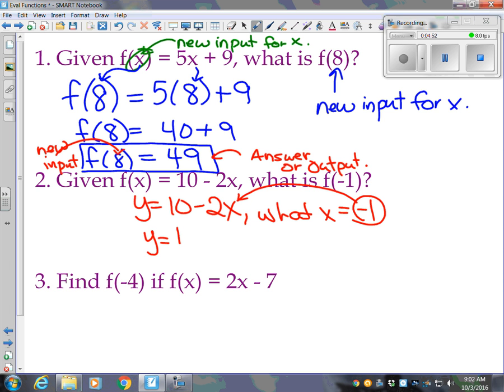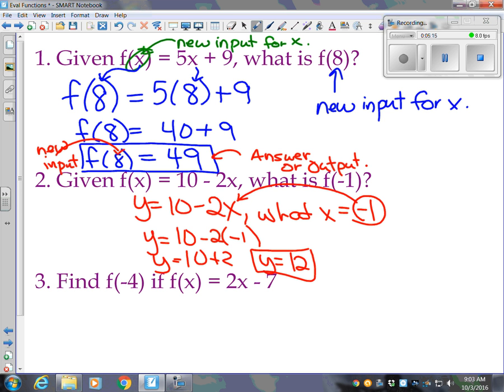y would equal what? 10 minus 2 times -1. That makes that a -2. So that's going to be 10. What is negative 2 times negative 1? Positive 2. So what does y equal? 10 plus 2 would equal 12.